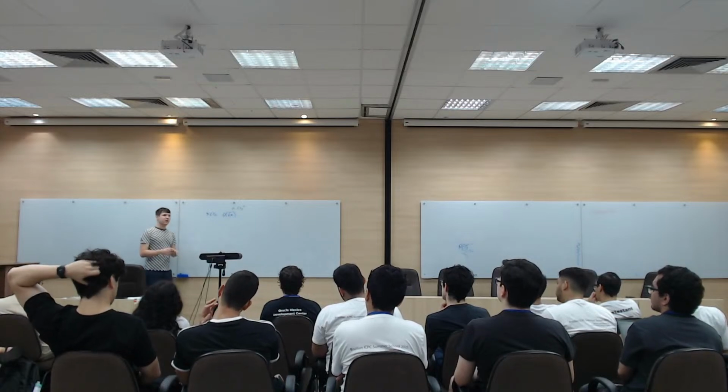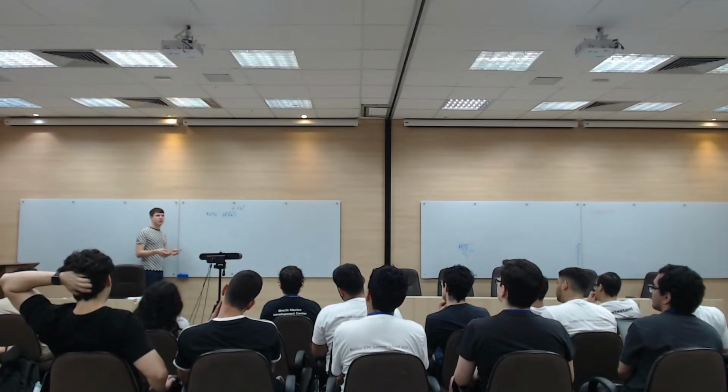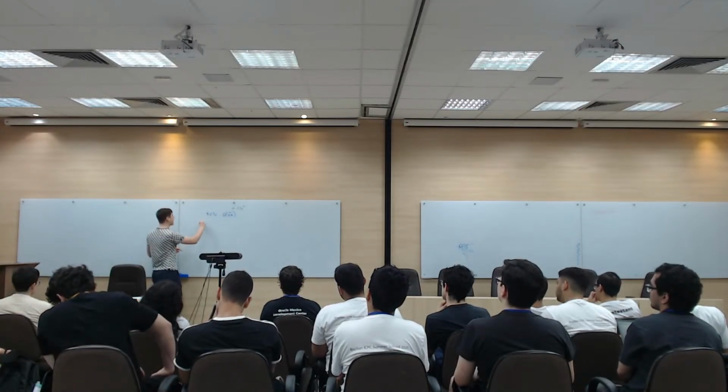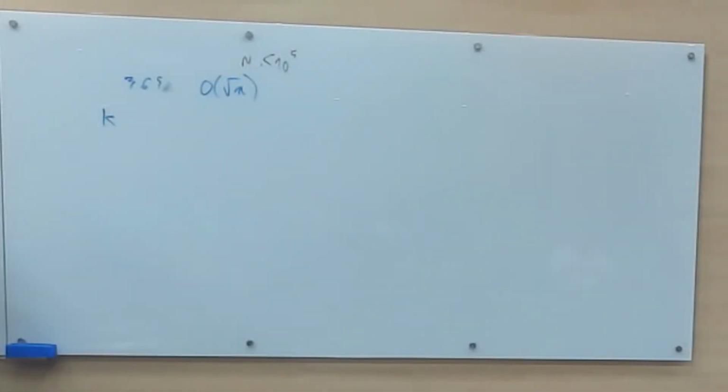But if we pick k people, then implicitly we do k choose 2 comparisons, right? Because everybody is being compared with everybody, so that's why we need square root, right? Okay, any questions to that?